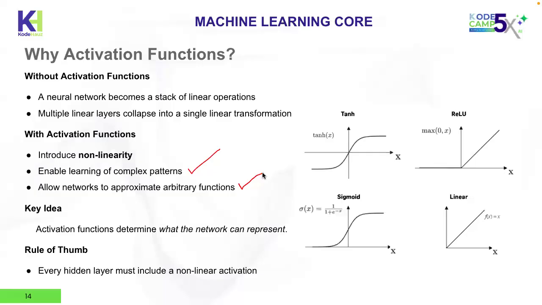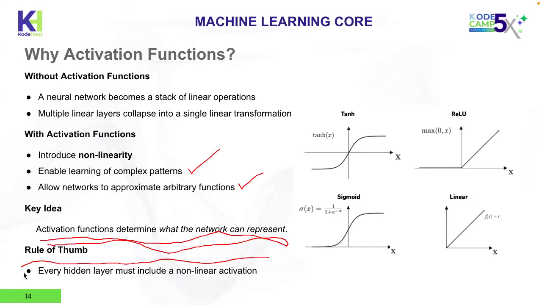And approximate complex and arbitrary functions, any kind of function. The fact that a combination of neural networks is able to play a game of chess and beat human beings, I don't even know what level of non-linearity is involved in that, right? So the main idea is that the activation functions allow you to determine what the network can represent, right?